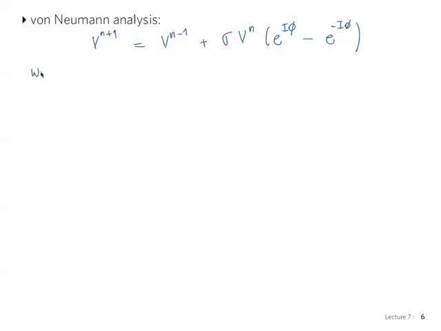And so we can now write our amplification factor. We've got Vn minus 1 here, but the amplification factor G, which is equal to Vn plus 1 divided by Vn, is not dependent on n, so this amplification factor should be equal to Vn over Vn minus 1.